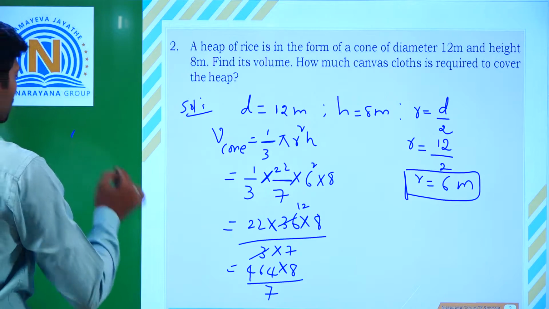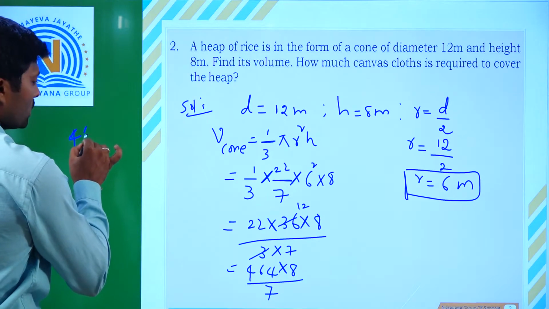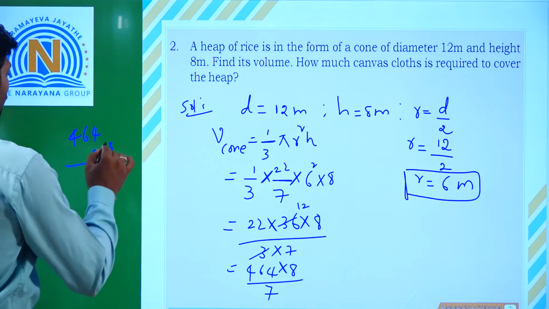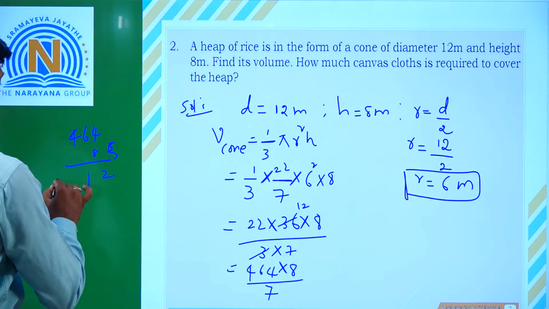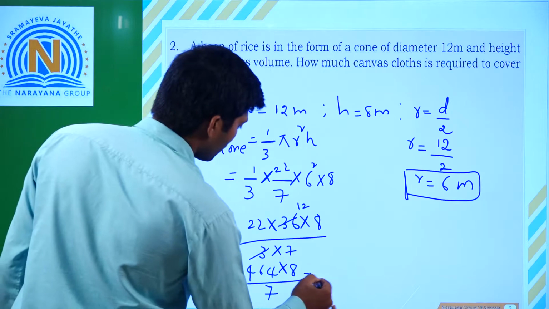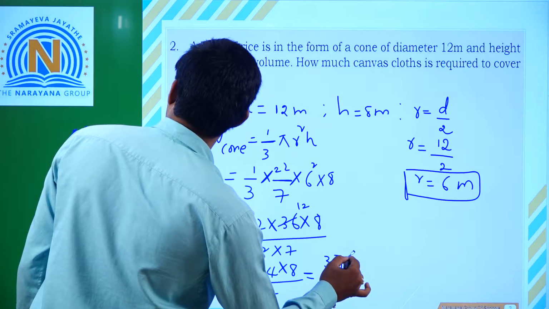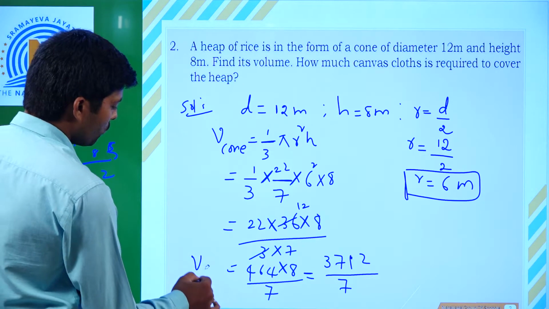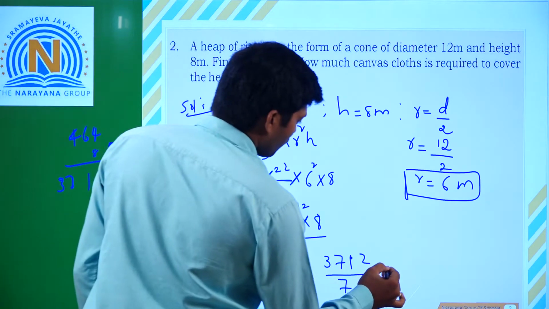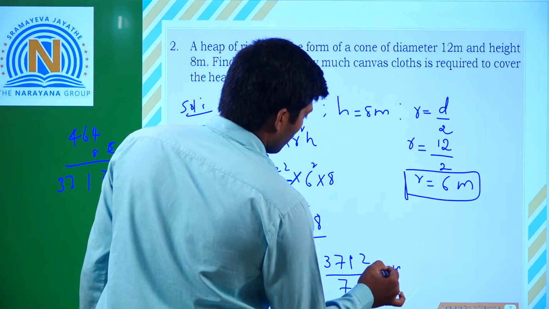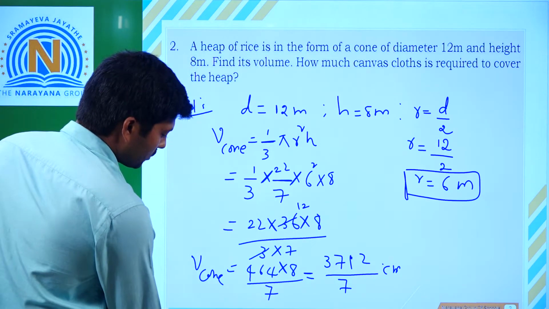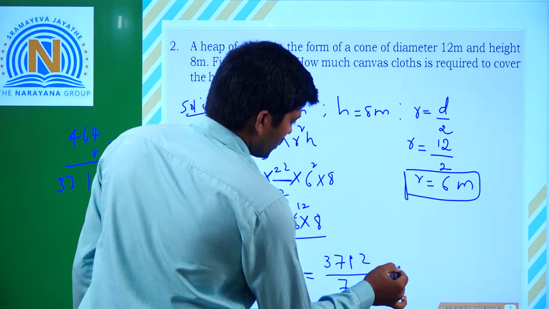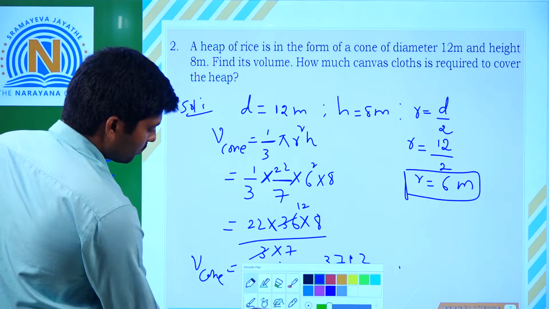Multiply this, that is 3712 upon 7. So this is the volume of the cone, which is in cubic meters.